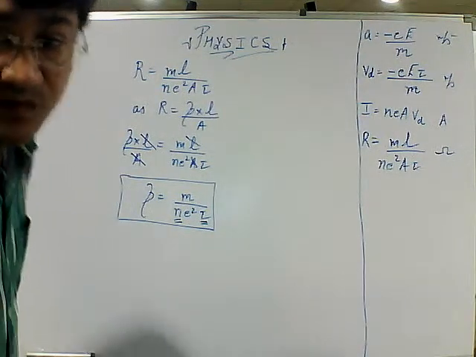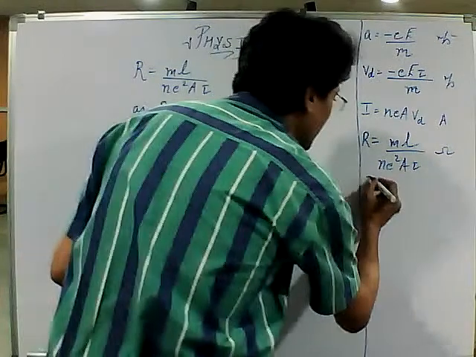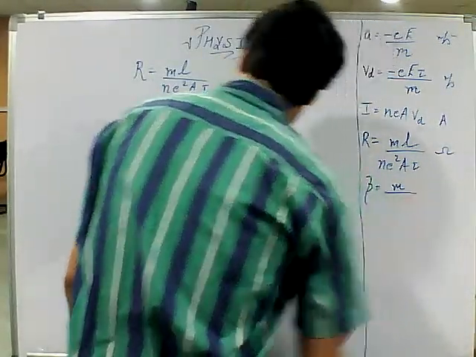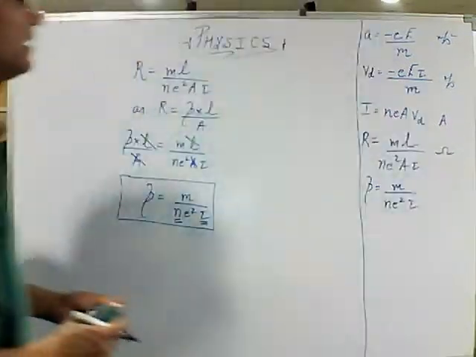Okay. Chalo. Now we got this expression, m by n e square tau.